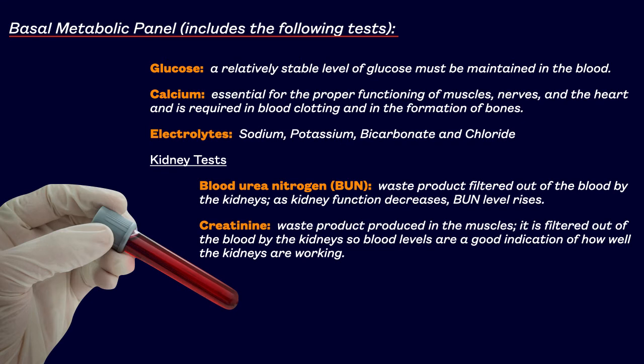And well, by now you should already know the importance of every substance like glucose, calcium, or any of the electrolytes. Any alteration of these measurements will have consequences, like, as we saw with the kidney lecture, blood urea nitrogen, or the famous BUN, and creatinine.